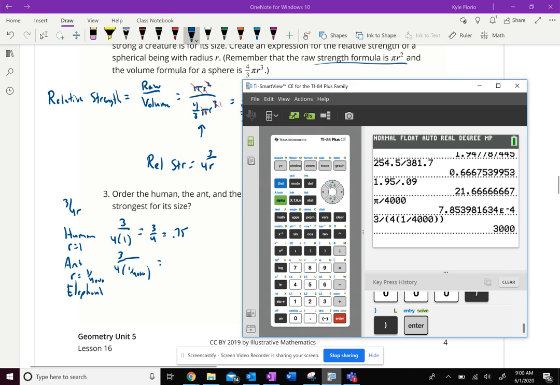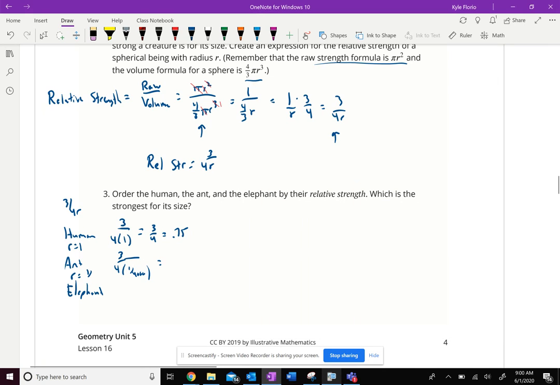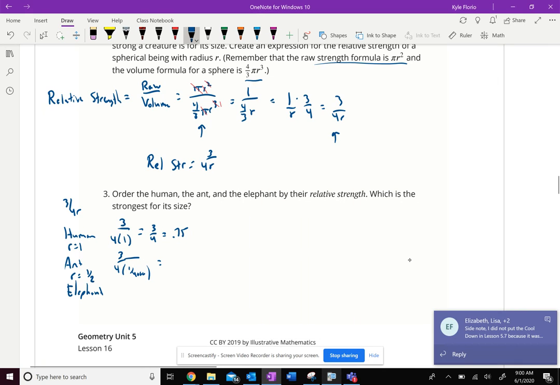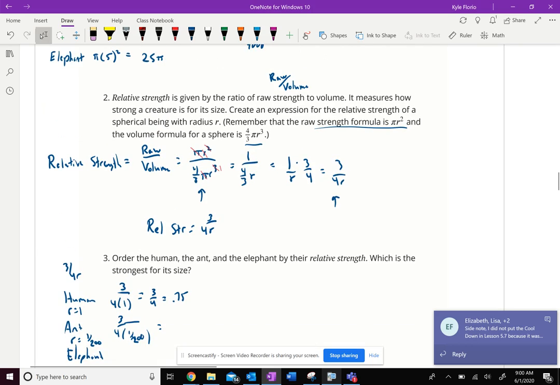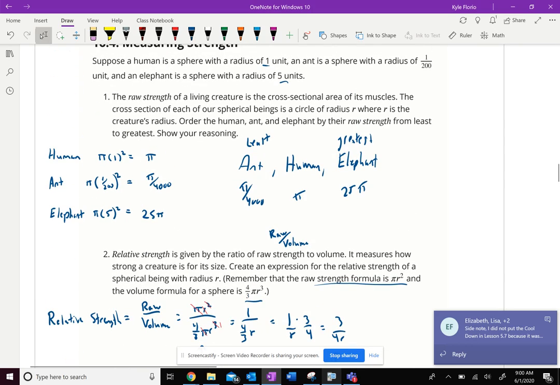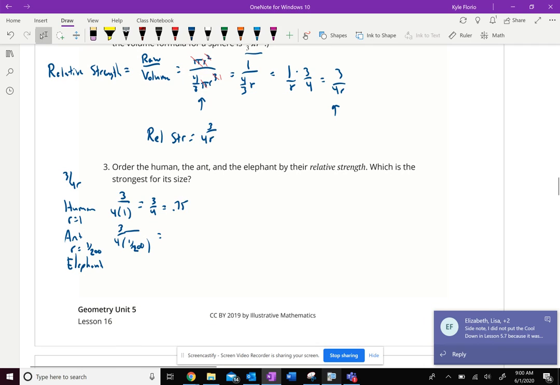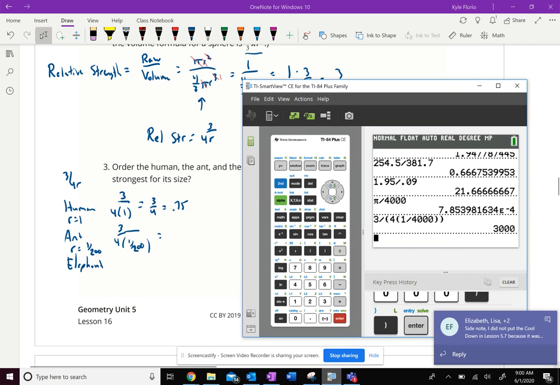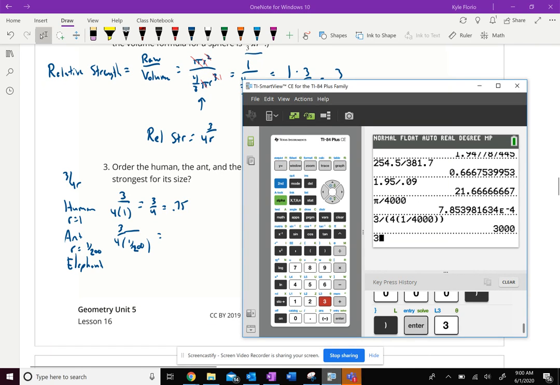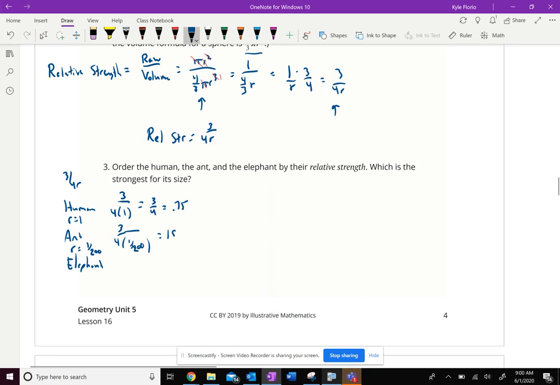Oh, it's 200, not 4,000. Excuse me. The radius is not 4,000. Right up here, 1 over 200. So let's try that again. 3 divided by 4 times 1/200th. And that's going to be 150.